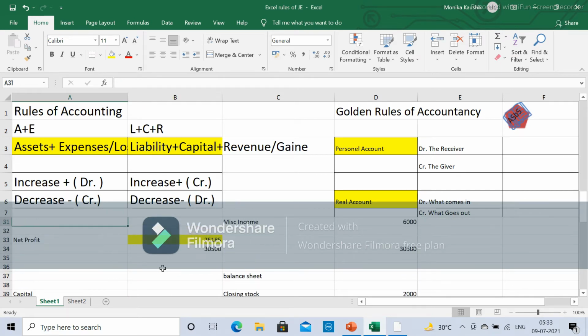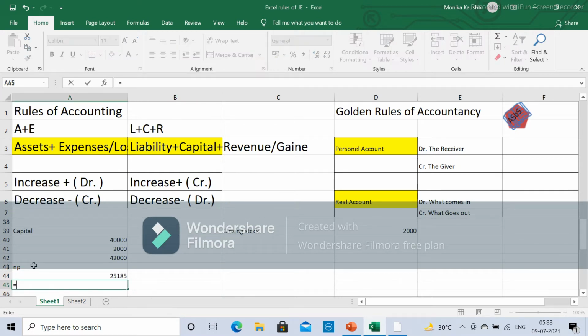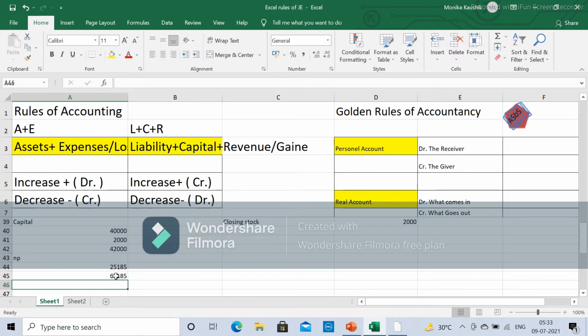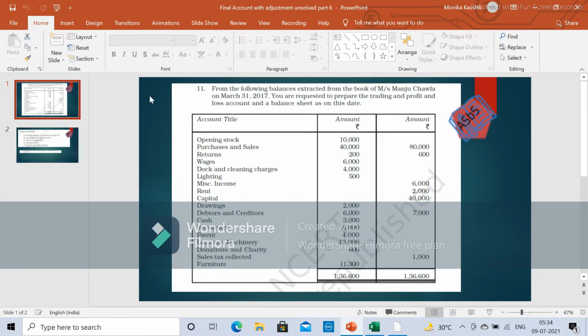Now in this I am adding the net profit 25,185. So then the total comes up, this plus this is equal to this. Out of this I'll have to deduct the drawings. In drawings also 7% interest I will add, then I will deduct drawings.